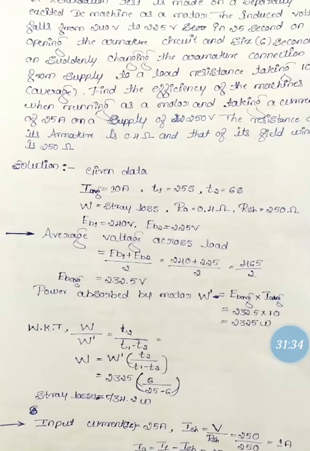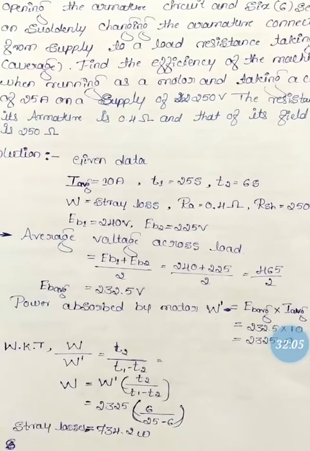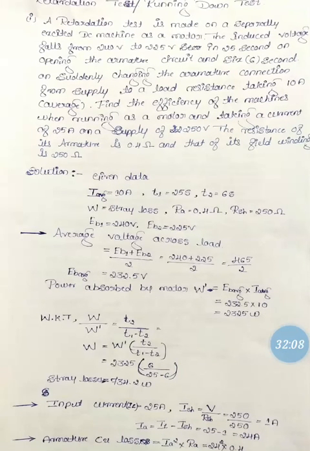W is the stray loss that we have to calculate, W dash is the power absorbed by the motor, T2 is the time for the change from supply to load connection, and T1 is the time for the drop in the back EMF from the normal condition when the supply is taken out, that is 25 seconds. Then substituting the values of W dash, T2 and T1, we get the stray loss as 34.2 watt.